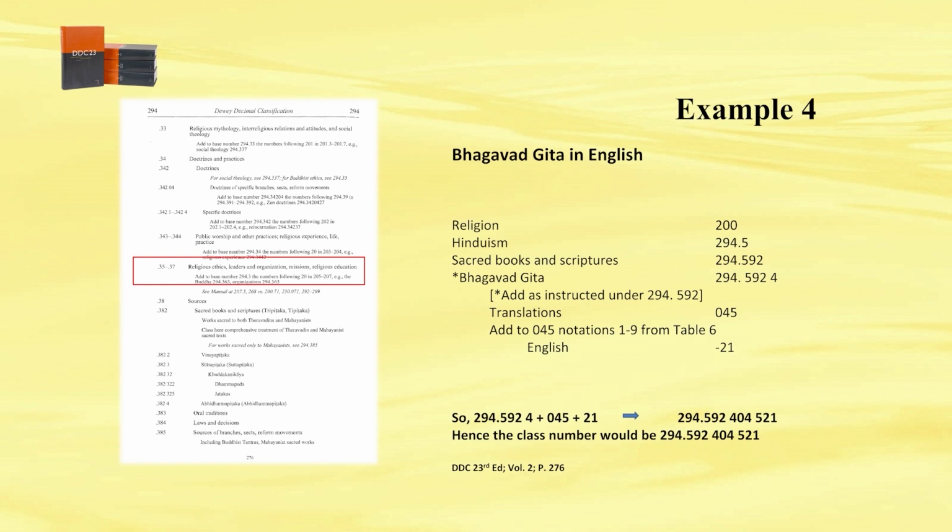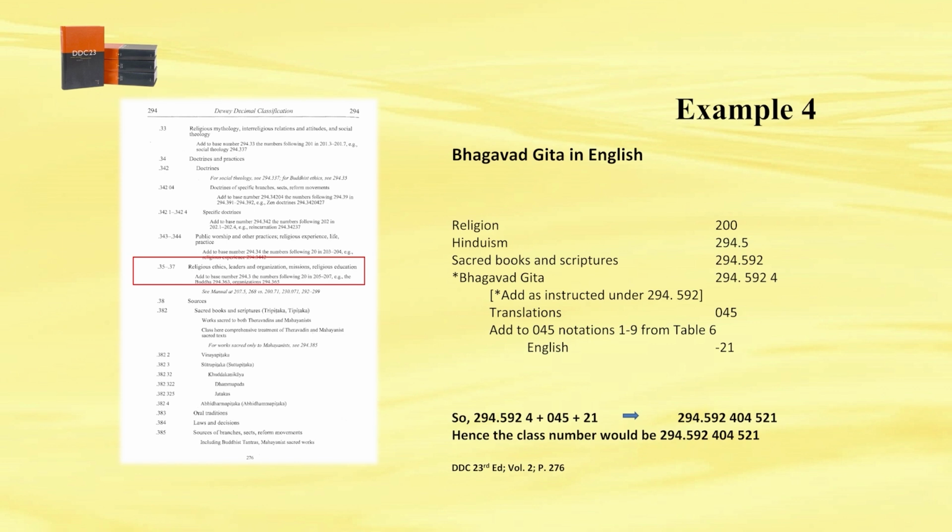294.5924. Now, the facet of language, that is English, is still missing because this Bhagavad Gita can be of any language. So, we have to add the number for English. You can find in page number 276, that is Bhagavad Gita, which is started with a mark asterisk.